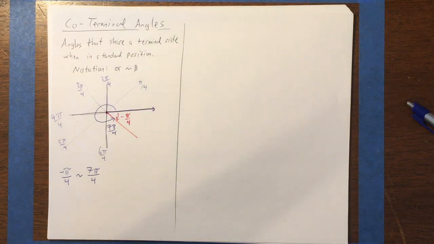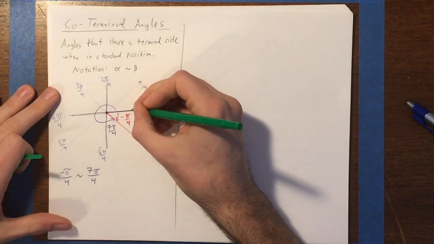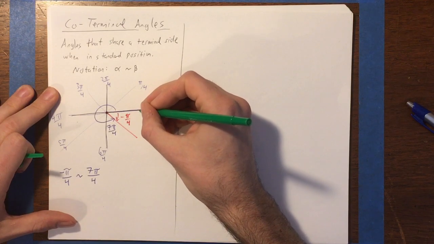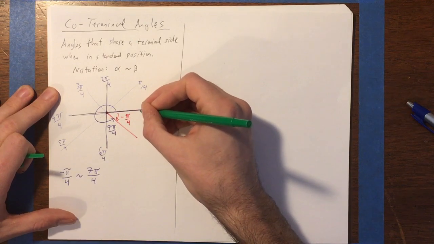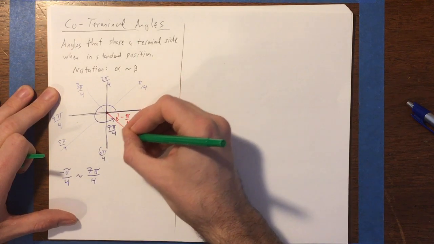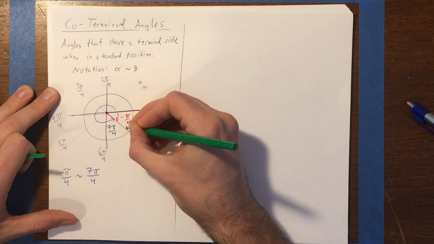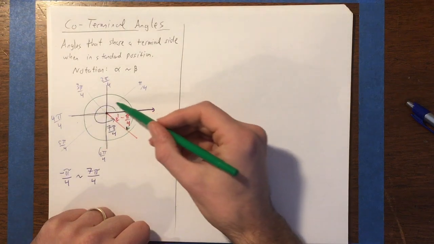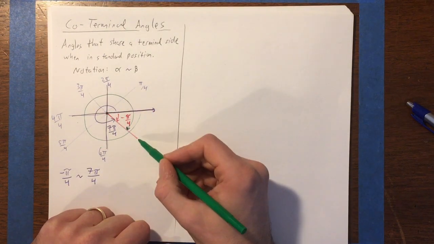You can wrap around the circle as many times as you want. So technically, we could go around like this in the negative direction, all the way around the circle and then keep going a little bit further, and I can still terminate in the same place.